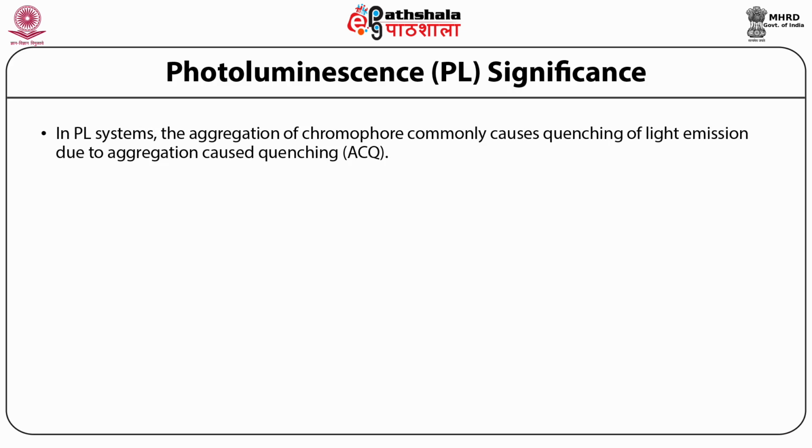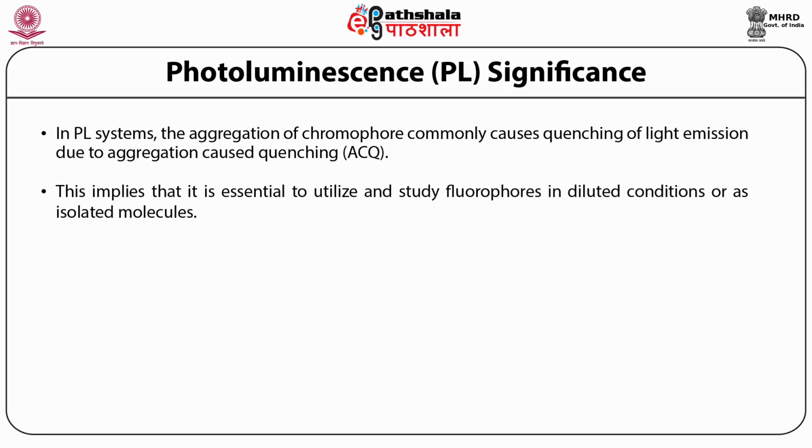In photoluminescence systems, the aggregation of chromophores commonly causes quenching of light emission, due to aggregation caused quenching, which is also known as ACQ.